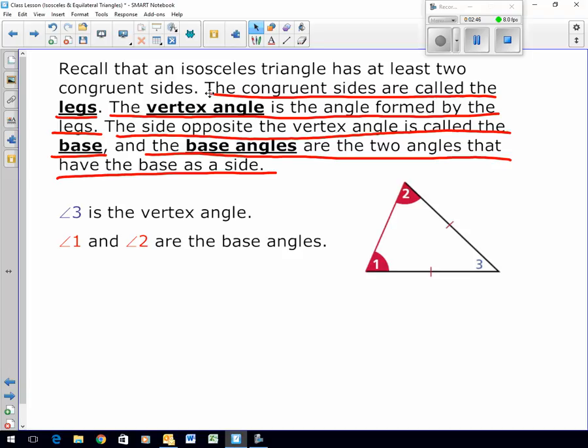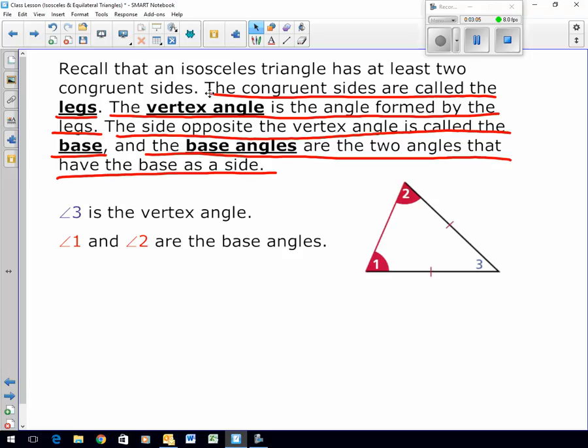The side that is opposite the vertex is called the base, which means that the two angles that share the base are called the base angles.